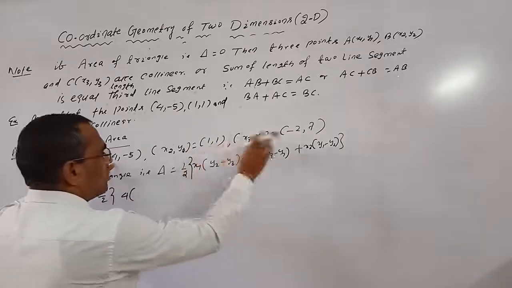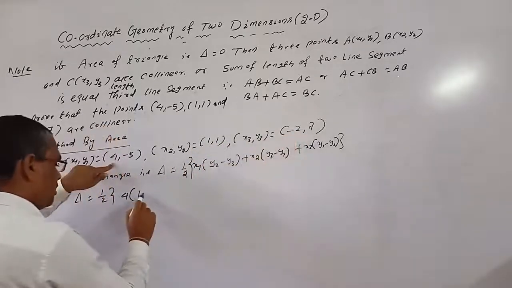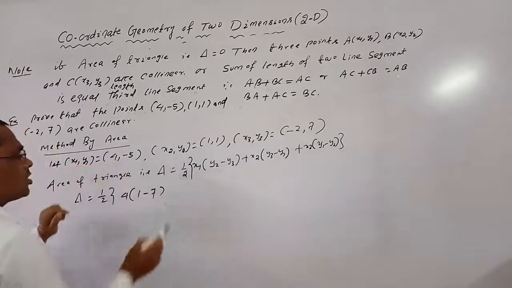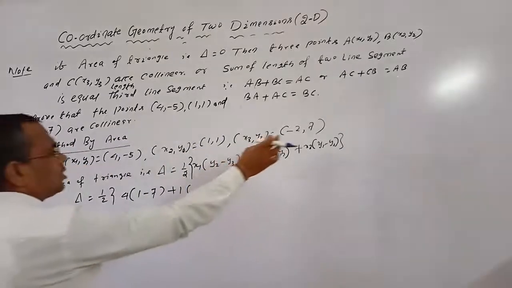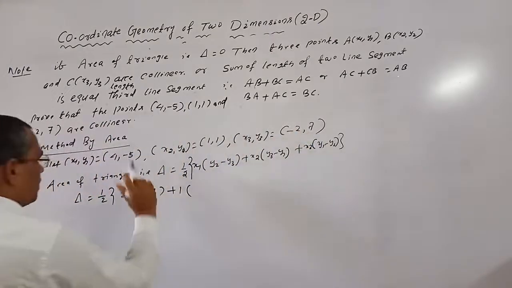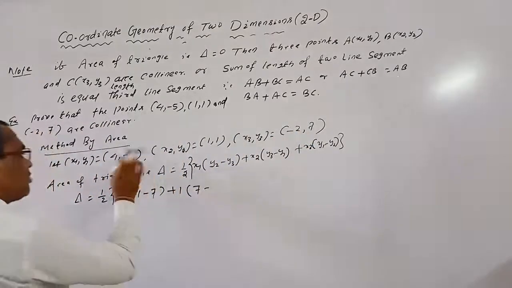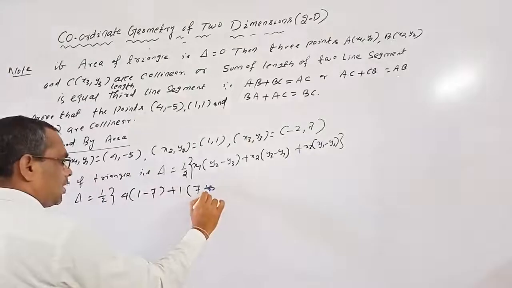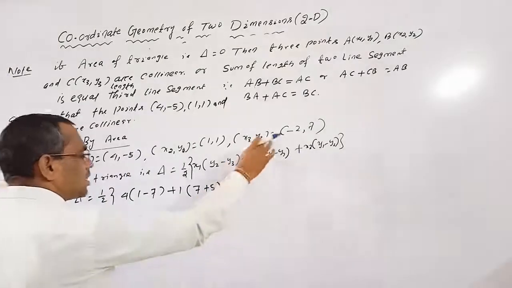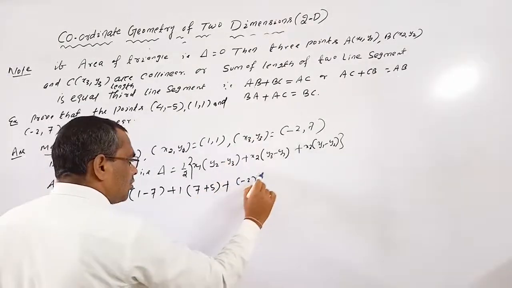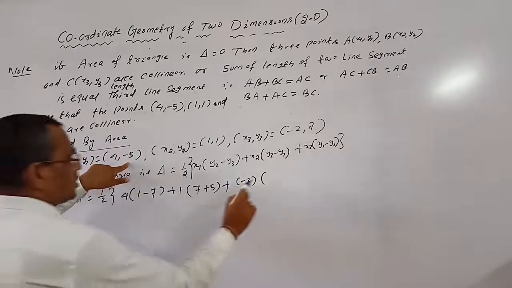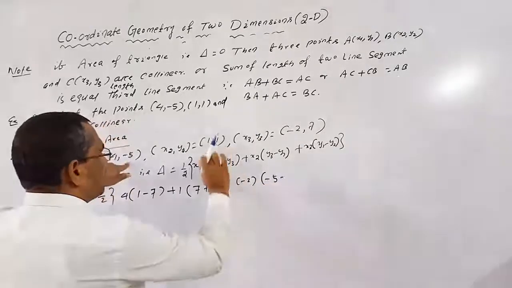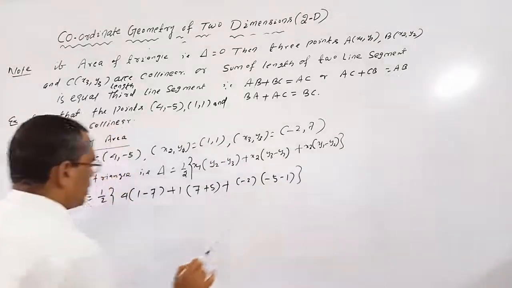So y2 minus y3 is 1 minus 7, plus x2 means 1, into y3 minus y1, which is 7 minus minus 5, so plus 5, plus x3 means minus 2, into y1 minus y2, y1 means minus 5 minus y2 means 1, so minus 6. Do you understand?